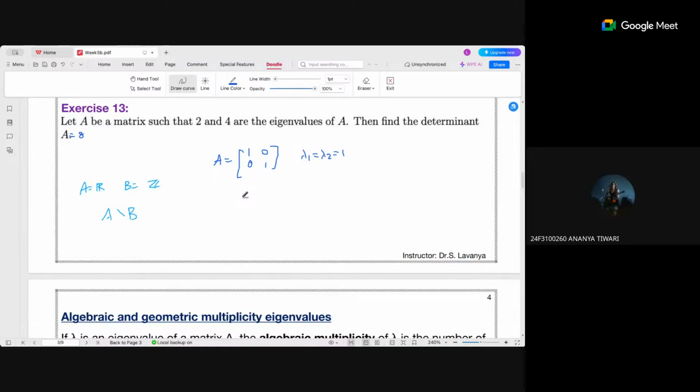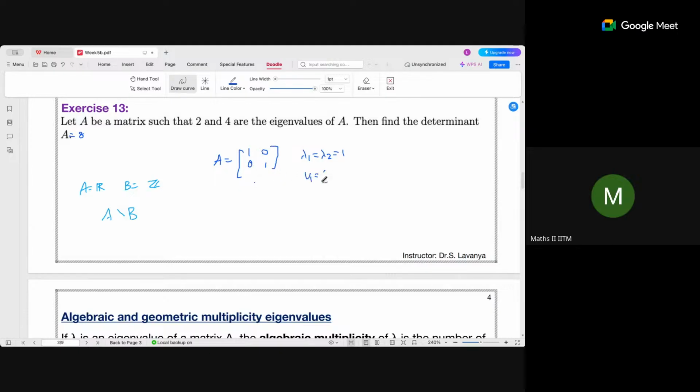1, 1? No, please be careful. What are the eigenvectors? Ma'am, both will be nonzero, like we can take anything. Yes, we can take anything. So it means we have two variables, both of which are linearly independent, right? So here you have two linearly independent vectors. You can maybe choose (1, 0) and (0, 1) itself.